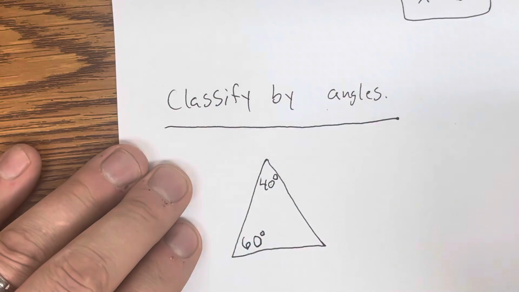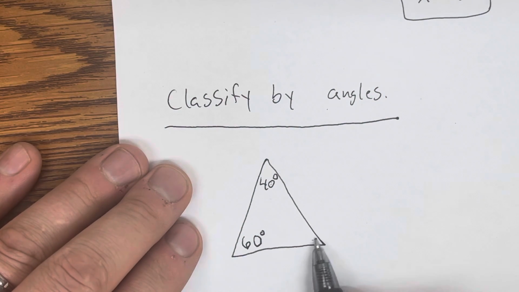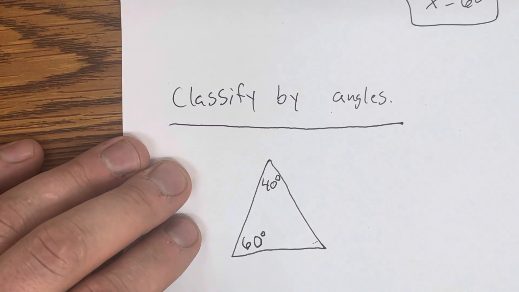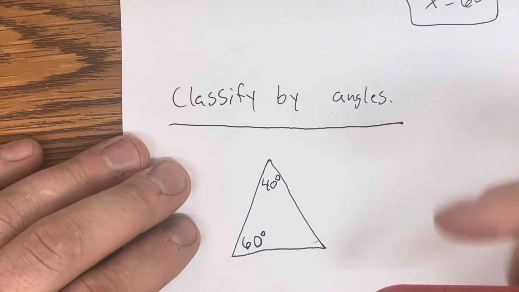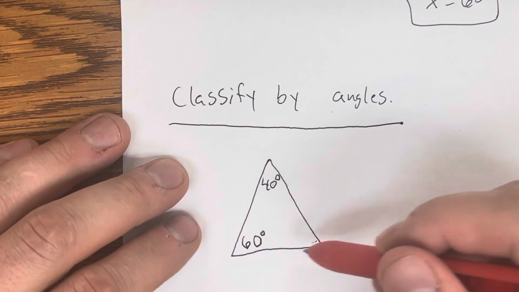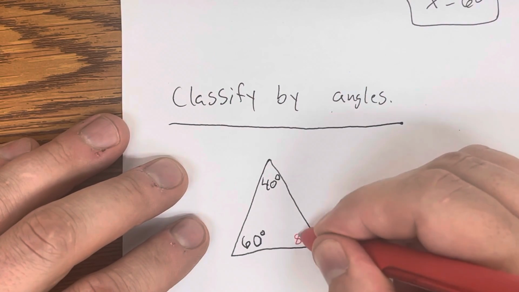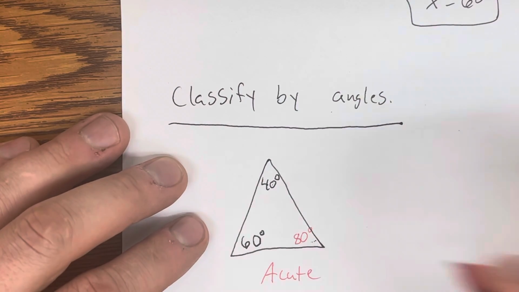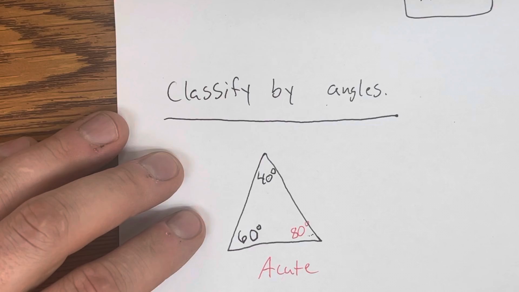You still need to find the third one before we can classify those. So 40 plus 60 is 100. That means this last one has to be 80. So this triangle would be acute. Okay, so make sure you find the missing angle before you determine.